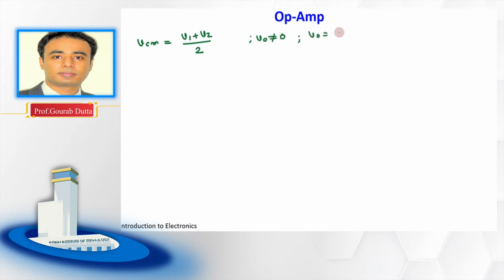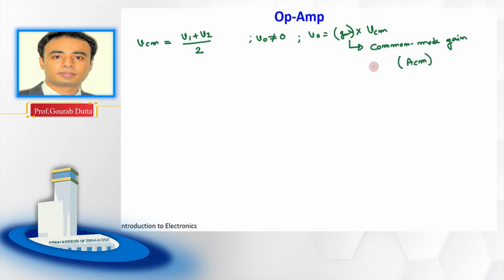So if the output is not equal to 0, that means you can write the output in that case as some gain into this common mode signal V of Cm, right? So what is this gain? This particular gain is called the common mode gain, and we denote it by the symbol ACM, right?